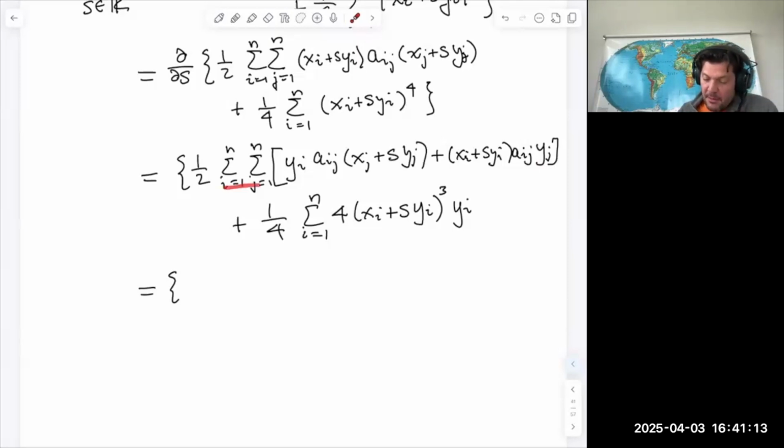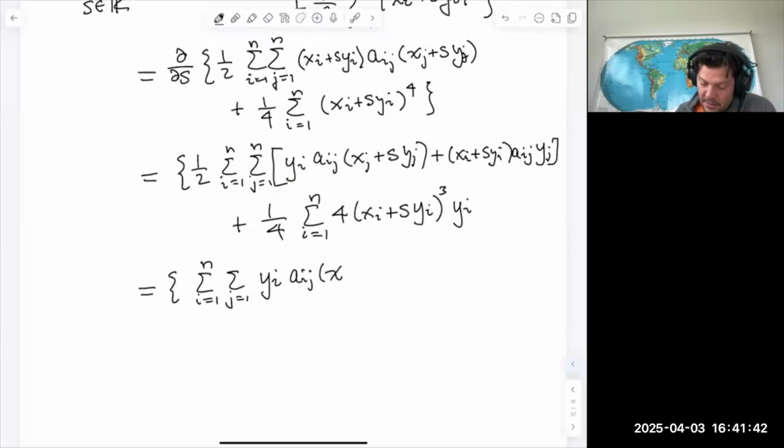So this double sum and the double sum of this are exactly the same thing, so there's 2 times that sum. There's a half out front which gets eliminated by that, and so the 1/2 goes away. So we just get sum i equals 1 to n, sum j equals 1 to n. Which way do we want to write it? I think I want to write it as y_i first, a_ij (x_j plus s y_j).